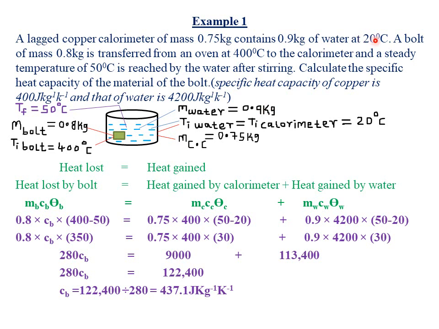So that is the initial temperature for the water. But because the water is in the copper calorimeter, it simply means that the initial temperature for the copper calorimeter will be equal to the initial temperature for the water, because they are in the same container.